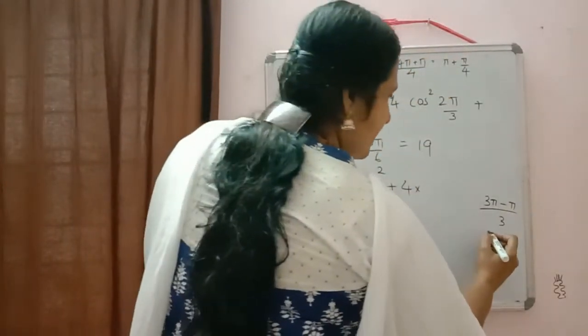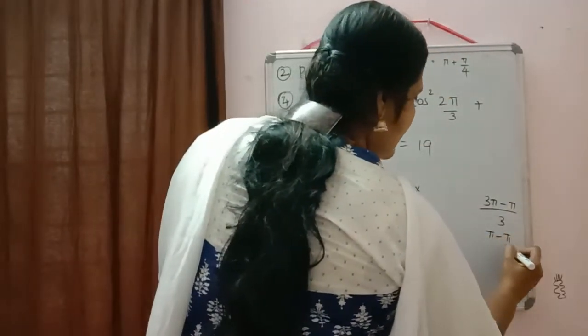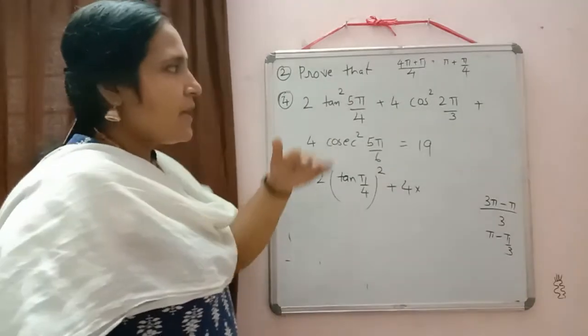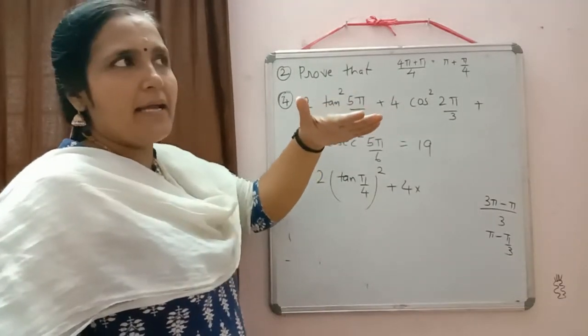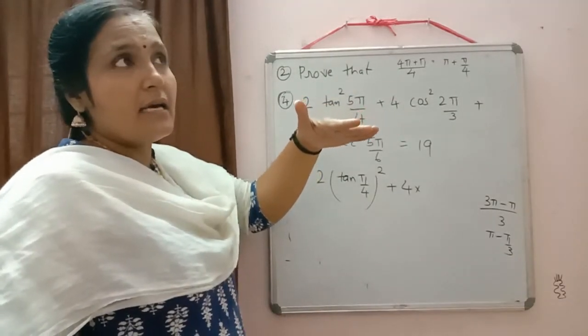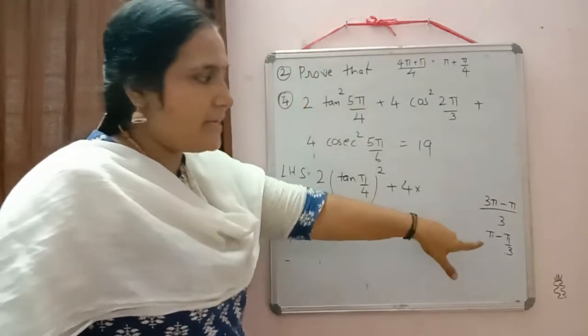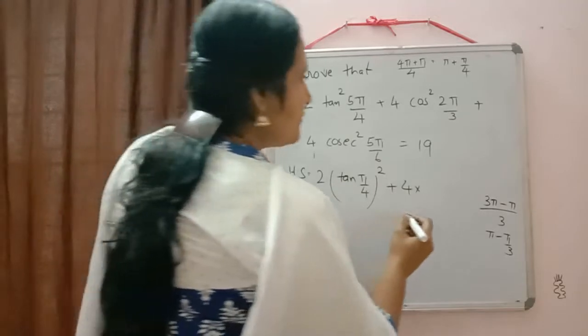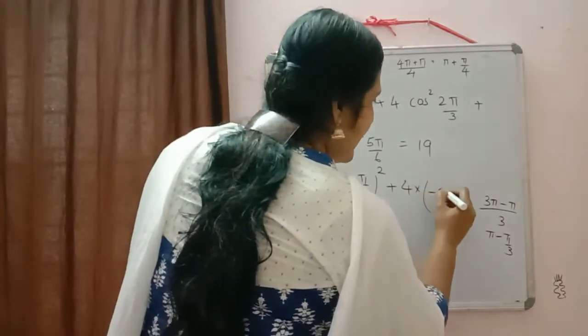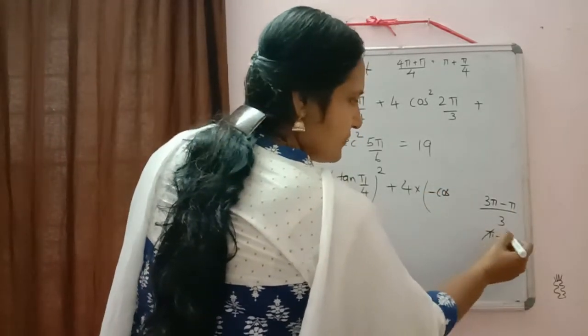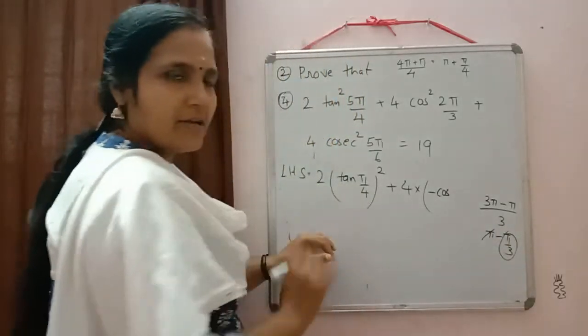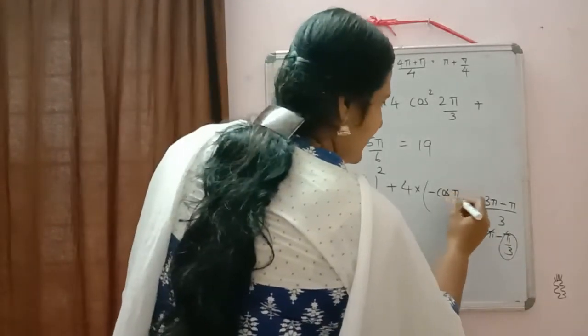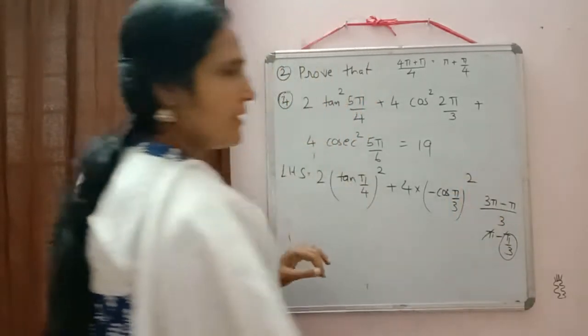So if we write separately, it will come pi minus pi by 3. Which quadrant? Second quadrant. And in second quadrant, cos is negative. So it will be equal to 4 into minus cos. Whatever the angle written here, that you have to write. Pi by 3 the whole square.